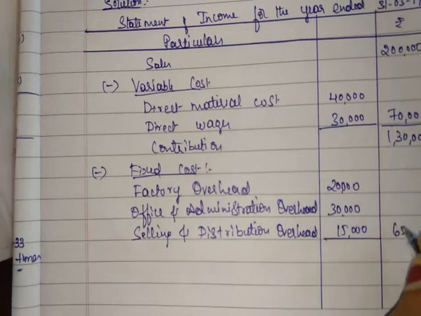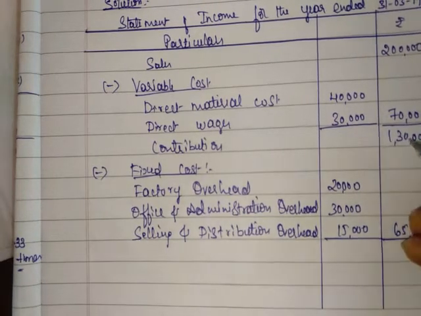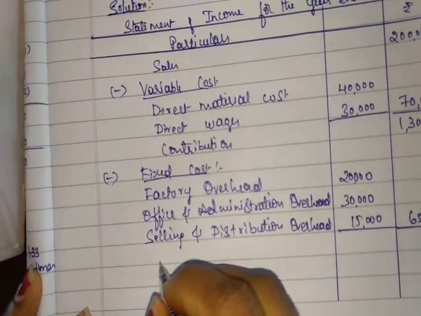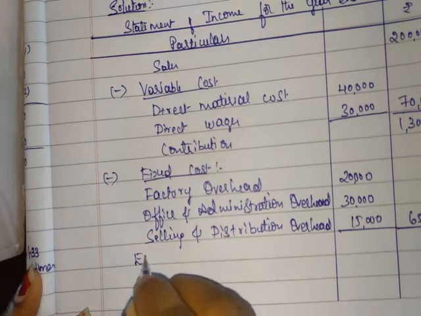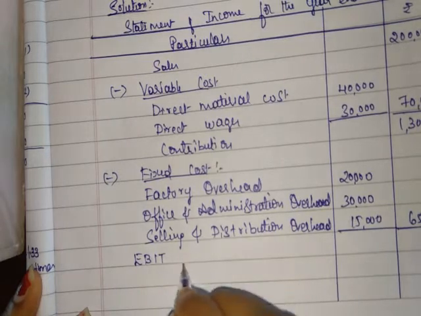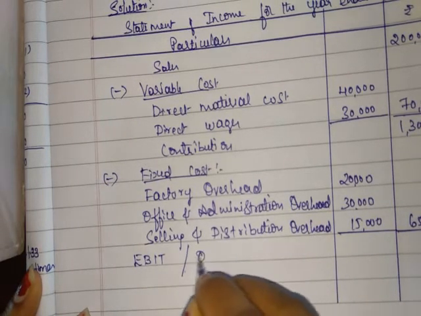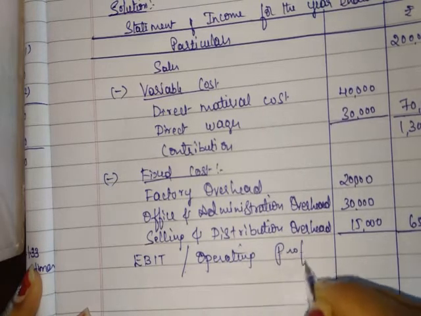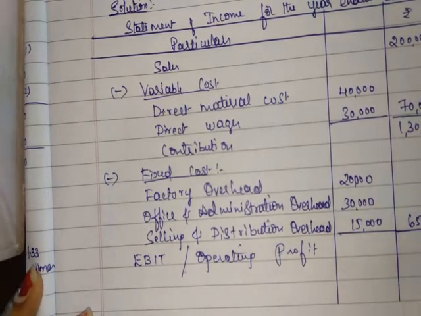So total fixed cost is 65,000. From contribution, if you deduct fixed cost, the answer is EBIT, earnings before interest and tax, or operating profit. So operating profit is 1,30,000 minus 65,000.